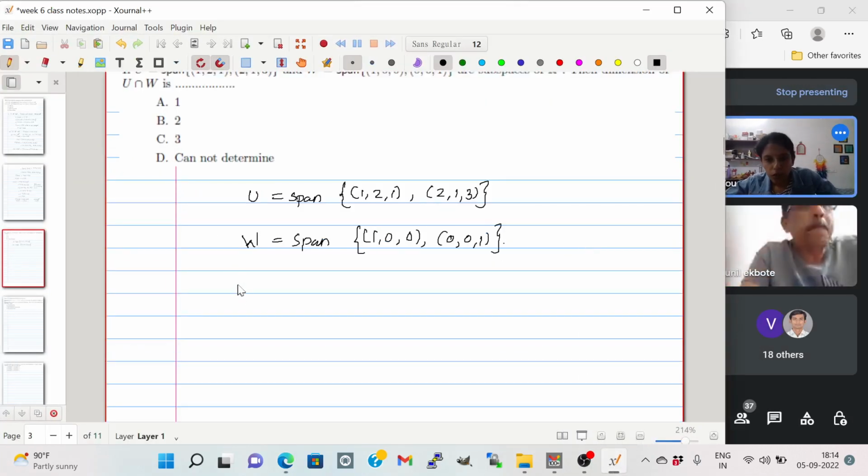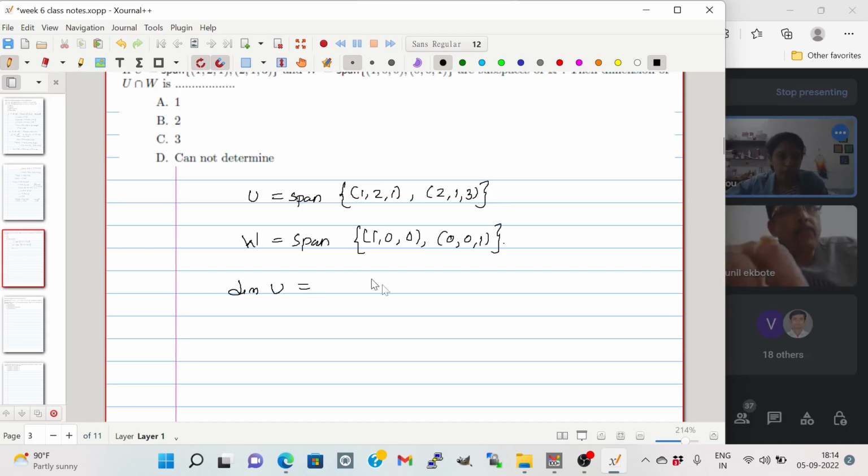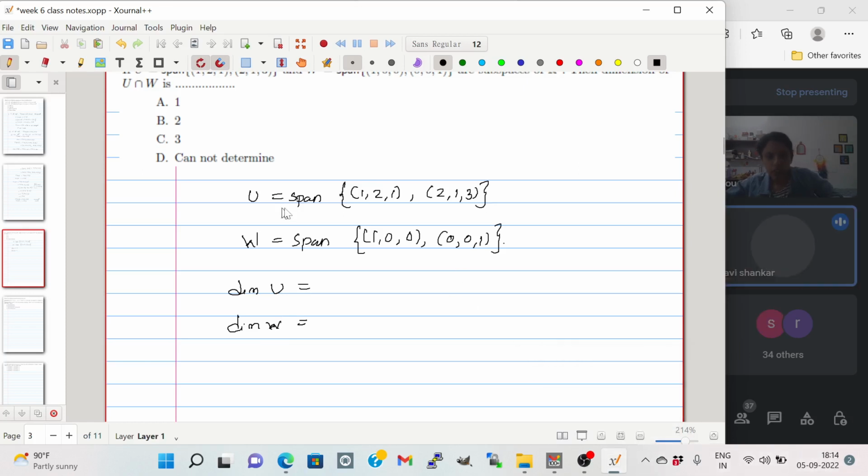So, what will be the dimension of U? Can anyone tell what will be the dimension of U? And in the same way, dimension of W? Yeah, dimension is 2. In both cases, dimension is 2.